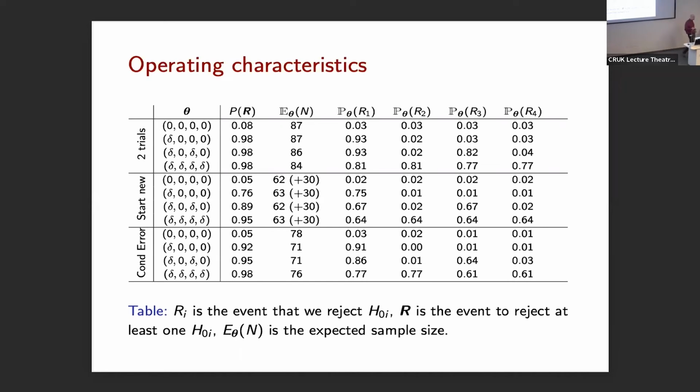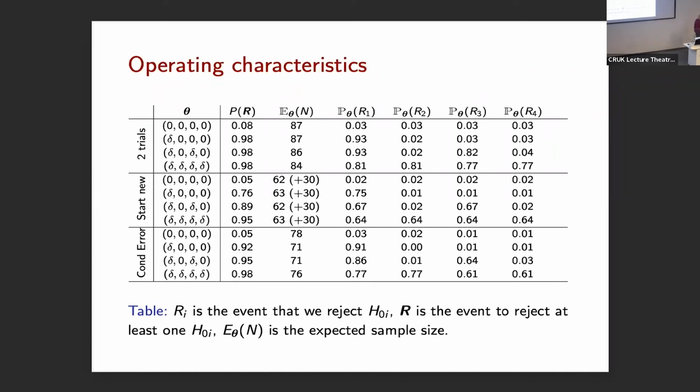Now, the individual rows within these blocks correspond to different truths. So the first one is no treatment effect for any of the treatments. So that's my global null hypothesis. Then I have the situation where I have 1 treatment that works, which happens to be the first one, and the others don't. I have the situation where the first and the third one work, and I have the situation where all 4 of them have an effect.